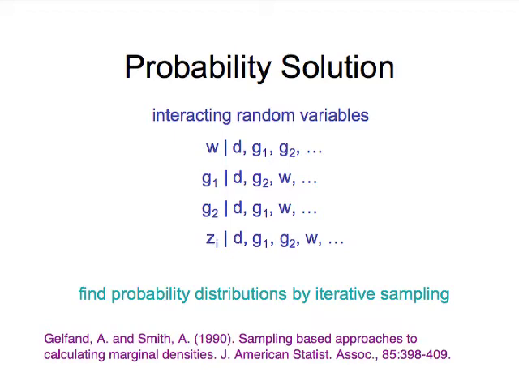We can create a probability distribution, as we just saw, for the continuous variable W, mixture weight, conditioned on all the other variables.